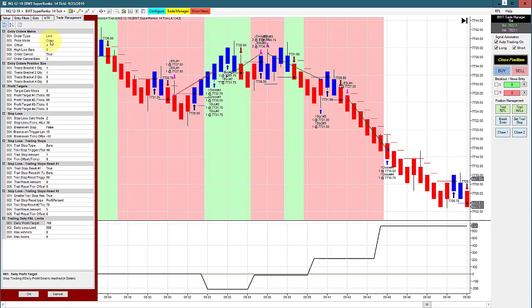The regular template, I think, was a 1 tick pullback, so I increased the limit pullback a little bit, and I also made this 2 contracts with a $700 goal. So that's only asking $350 per contract. That's not very much in the NASDAQ, so a $700 goal is very achievable, and a very low loss limit of $500, going back to that about 30% less for your loss limit.